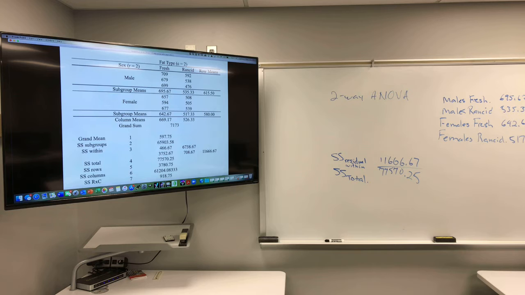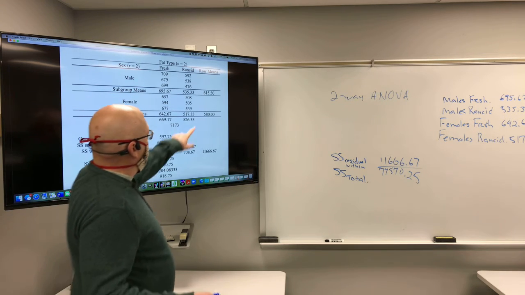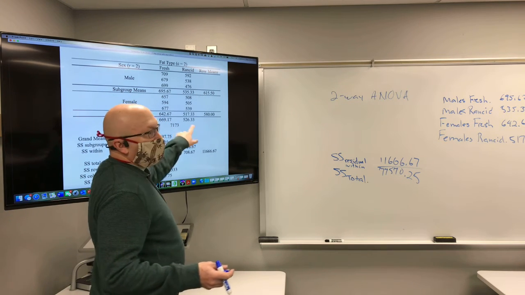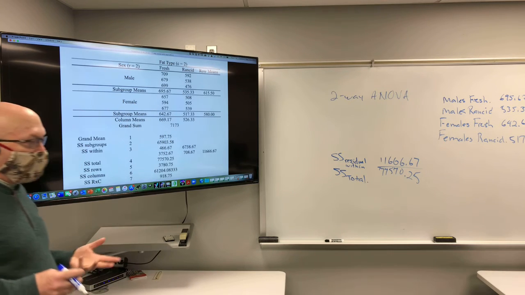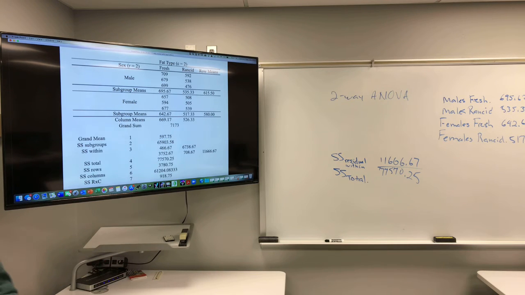Males seem to be growing more than females, but the difference is not nearly as big as the difference between fresh and rancid. And so there's a certain amount of variation in your data that is systematic variation, that is variation due to the fact that the data are divided up into these different treatments.